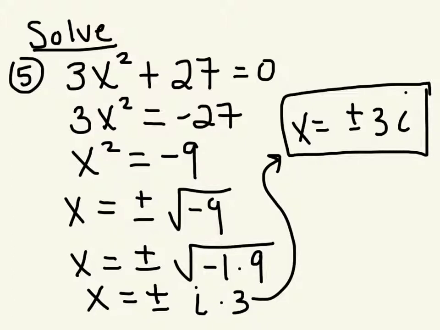When I plug a positive 3i in for the value of x in my equation, I end up with 9 times 3 to be 27, and i squared is equal to negative 1. So let's check this on the next page.